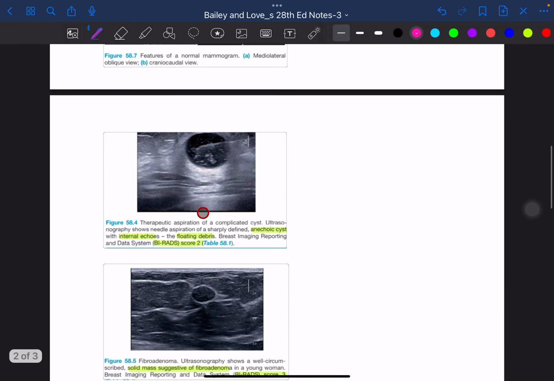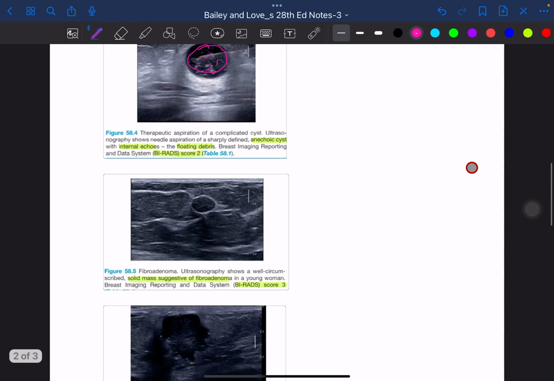Now we will see BI-RADS score 2. So if you get a picture, they will ask what type of BI-RADS this is. So this is 2 because this is a cyst with internal echoes and floating debris. You can appreciate this debris and all. Okay.